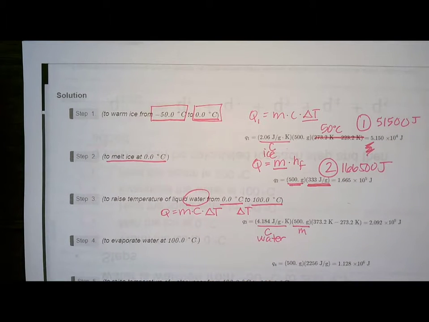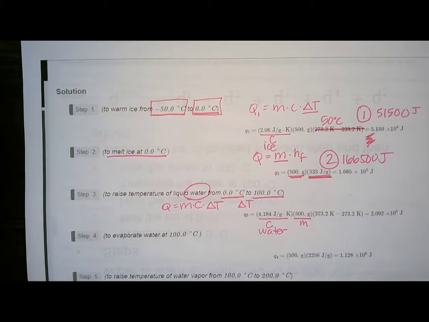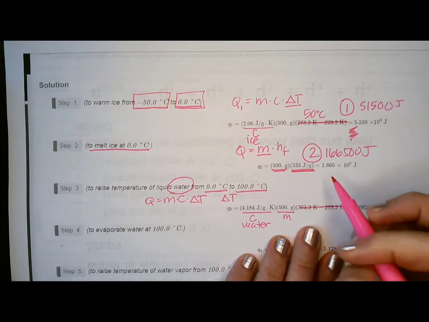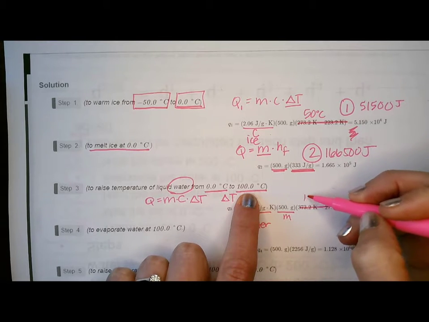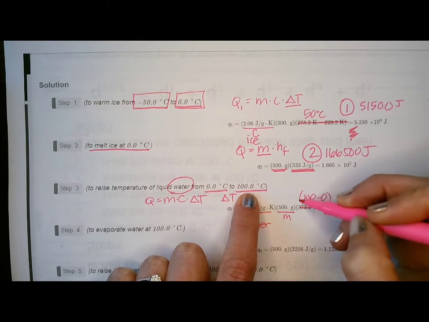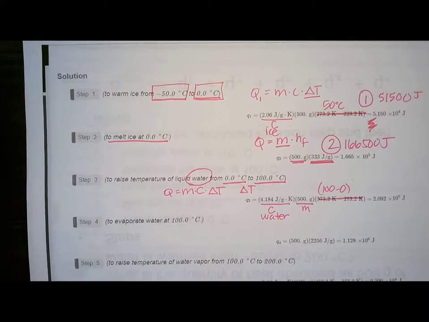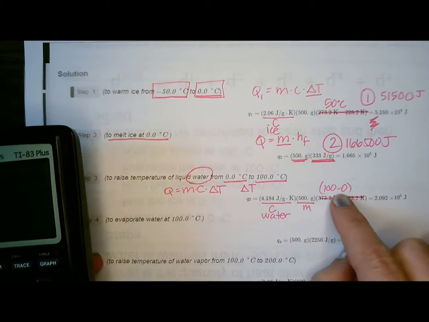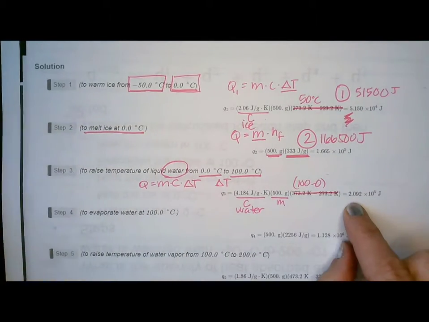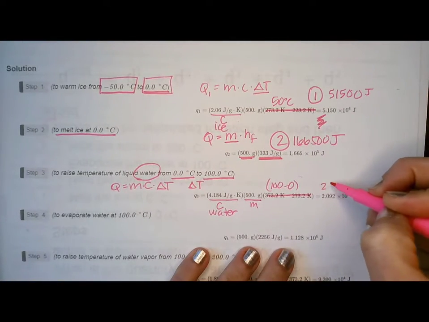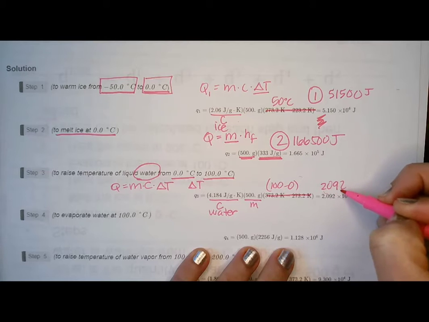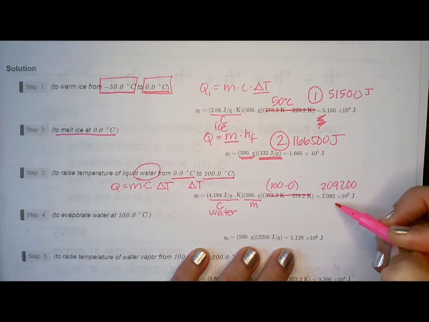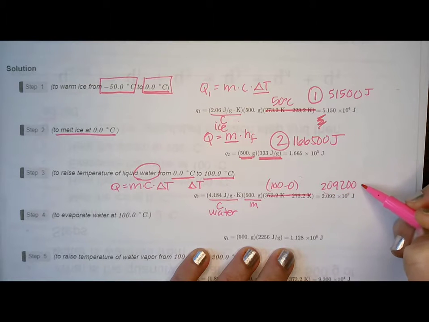Again, these would be values that you would be given. I also then need to find the change in temperature. They used Kelvin, we don't need to. We can do our final 100 minus 0, so our change in temperature is 100 degrees Celsius. So if we did 4.184 times 500 times 100, we would get 209,210 joules.